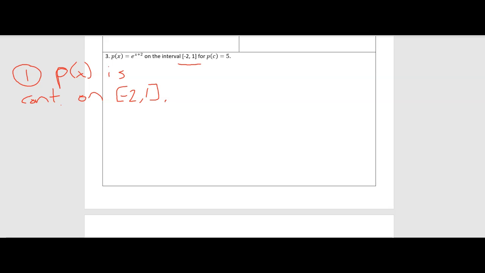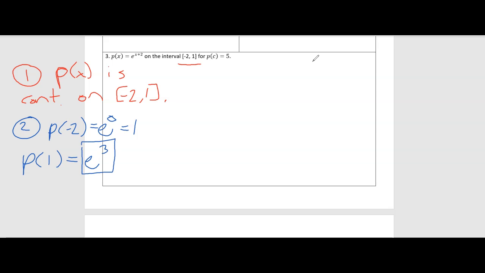Now we need to check the y values of the two endpoints. So p of -2 is equal to e to the 0 power, which is equal to 1. P of 1 is equal to e cubed. We don't need to know what that is, right?